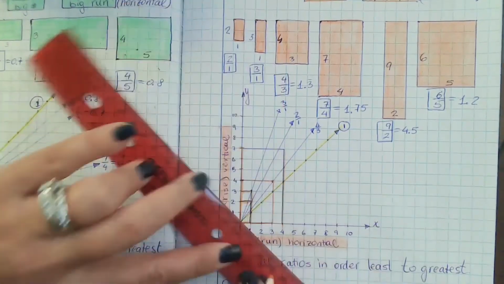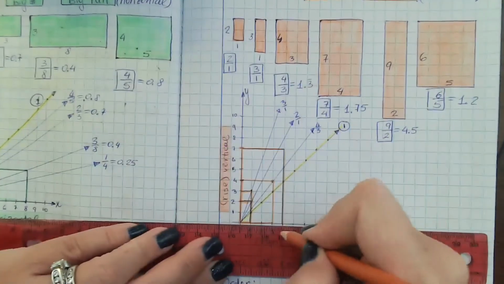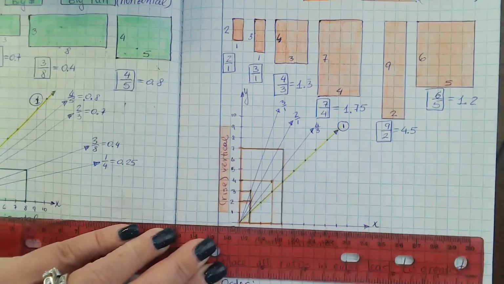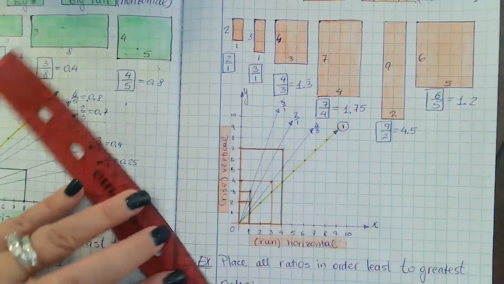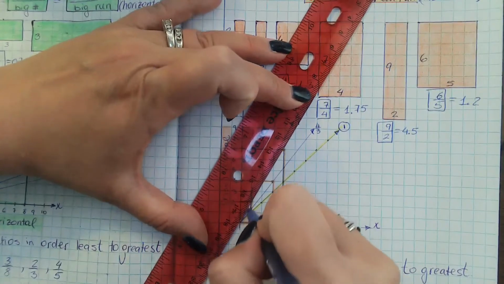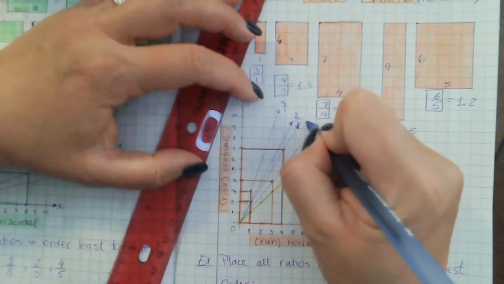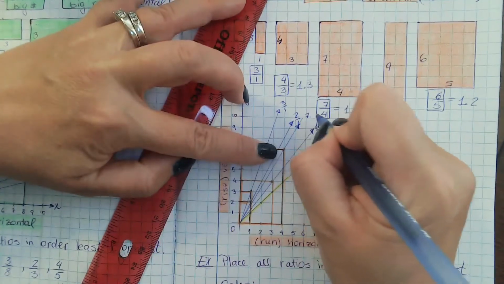Try to use your rulers as well. And the point on the diagonal right here, I'm going to connect through the origin, extend it, put an arrow on it, and say this is my 7/4.